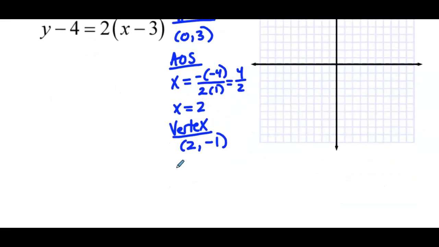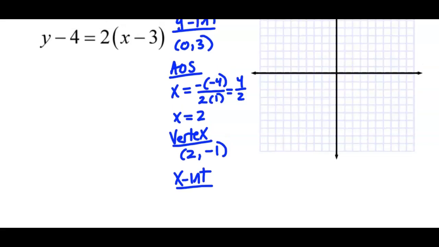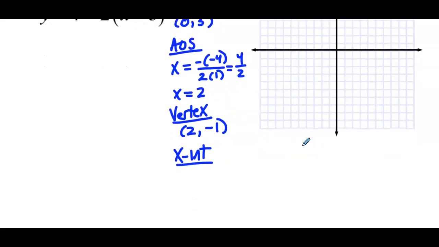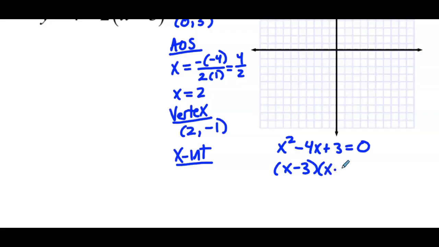Then we need to find the x-intercepts. So we have x squared minus 4x plus 3 equals 0. So we have x minus 3 times x minus 1 as our 2 factors. So either x minus 3 equals 0 or x minus 1 equals 0.